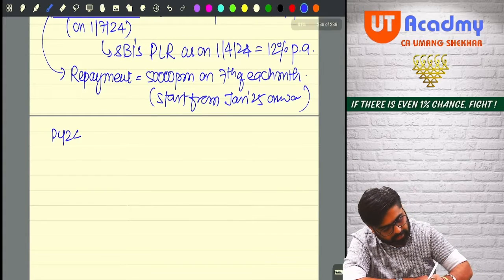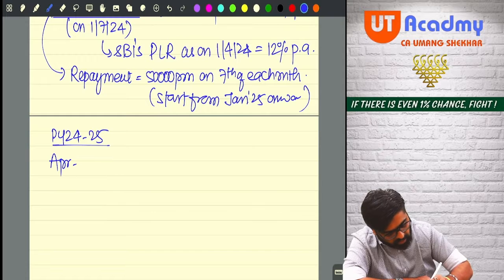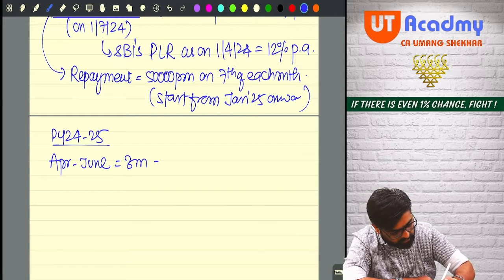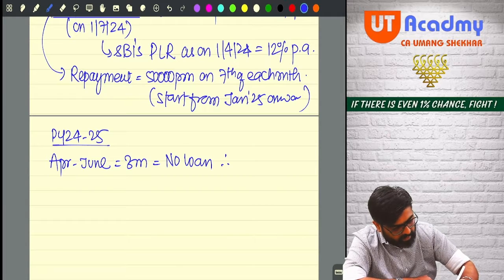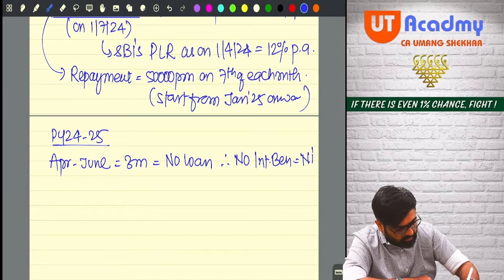Previous year 24-25, April to June. For these 3 months, since there is no loan, therefore no interest benefit. So interest benefit taxable will be nil.